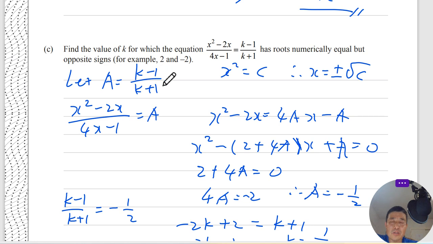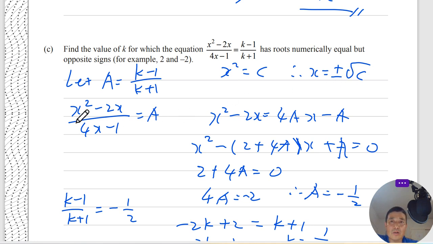I let a equal to k minus 1 over k plus 1. That way it's easier, all right? And well, the wording, what does that mean? That means like x squared equals c, right? Constant. Then x must be plus minus square root of c. That's what it means.